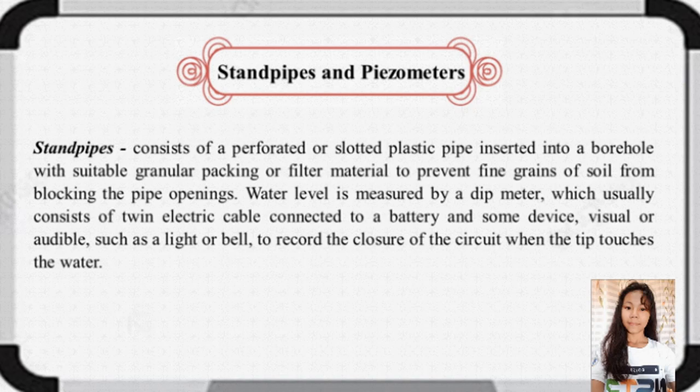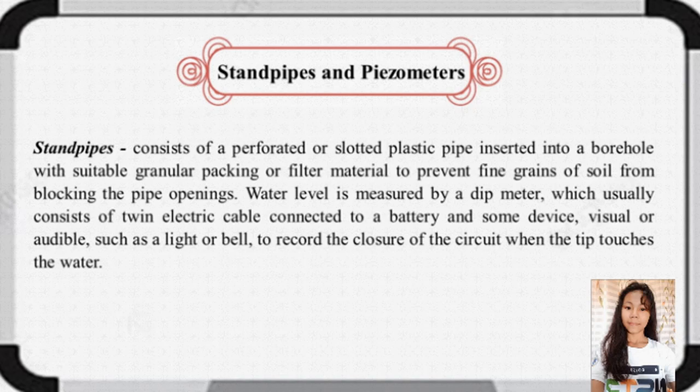Water level is measured by a dip meter, which usually consists of twin electric cable connected to a battery and some device, visual or audible, such as light or bell, to record the closure of the circuit when the tip touches the water. The diameter of the pipe is not critical, but it's usually in the range 20 to 50 mm. The system is simple and cheap, but there are two major disadvantages.